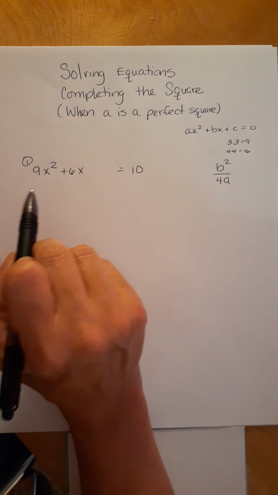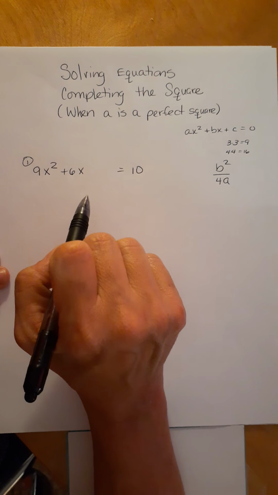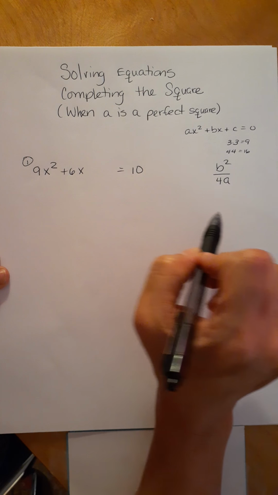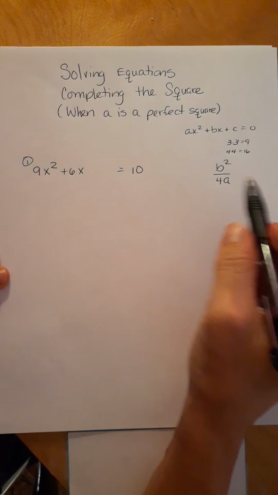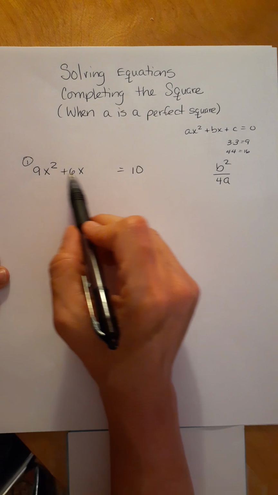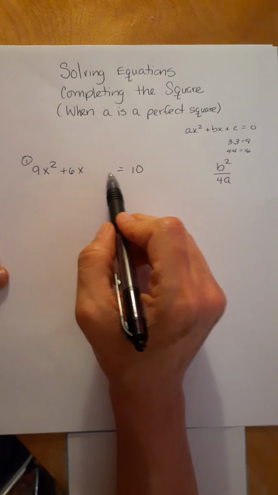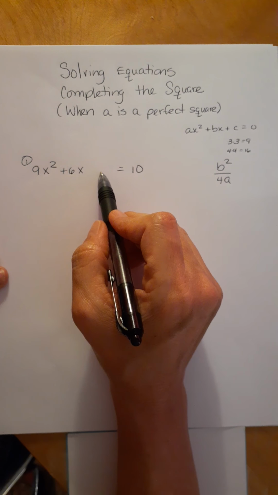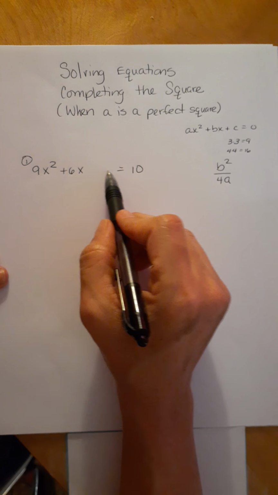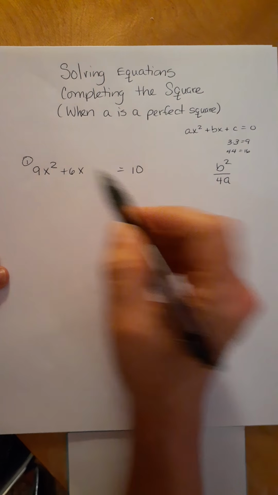So when this leading coefficient is a perfect square, and we can check it, there's my leading coefficient, 9. I know I can solve this by completing the square. At least it's a good strategy when I have x squared and an x, there's no third term here, and there's a number on the other side.